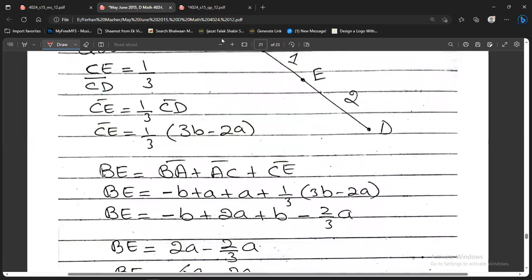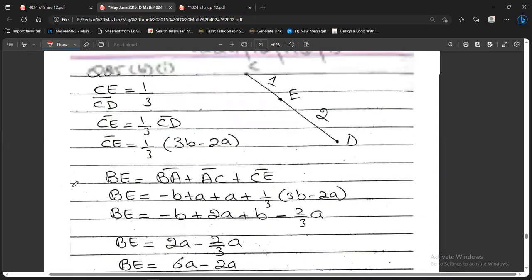So for BE, I will make the bypass, and the bypass is from B, I will go to A. From A, I will go to C. From C, I will go to E. BA plus AC plus CE. And BA is minus B plus A, AC is A, and plus CE is 1 by 3 of the 3B minus 2A bracket close.